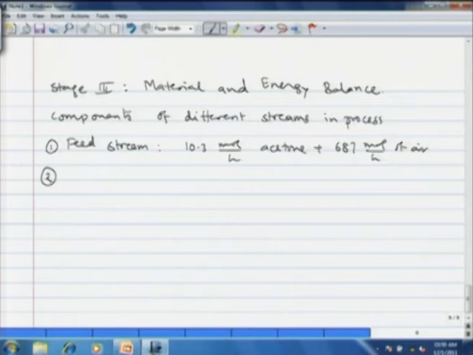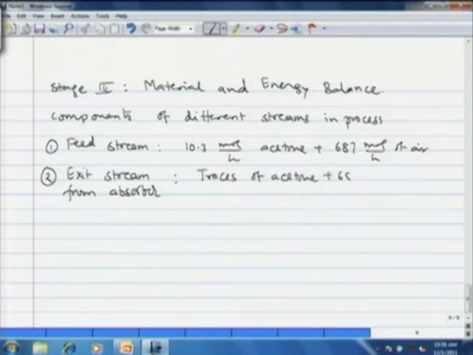If the extent of absorption is 99% or higher, then the exit stream from absorber will contain only traces of acetone and all air. Maybe some air will dissolve in water, but that will be negligibly small. So, we ignore it. Okay.